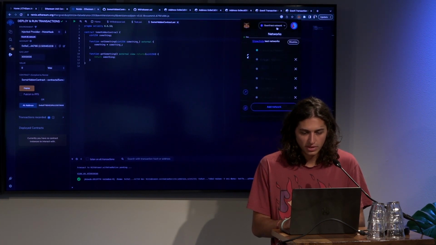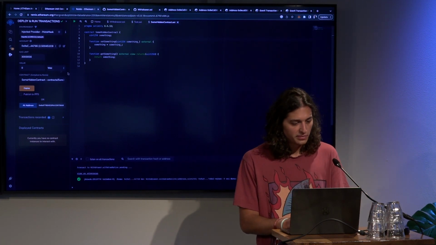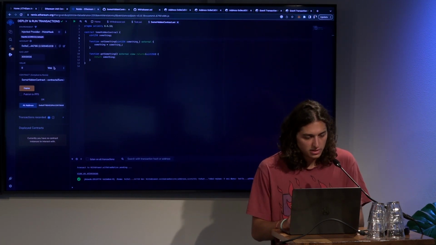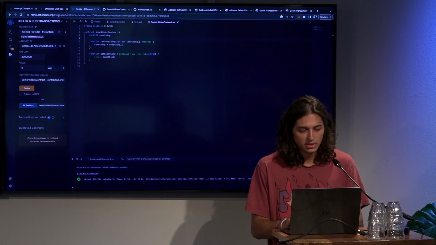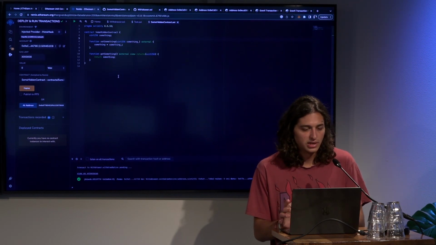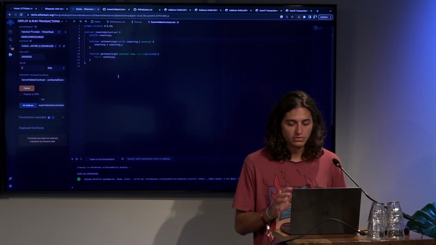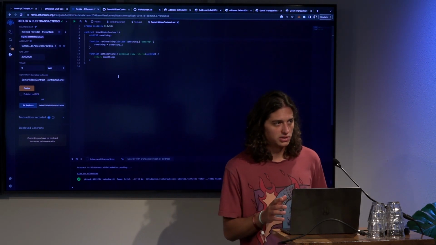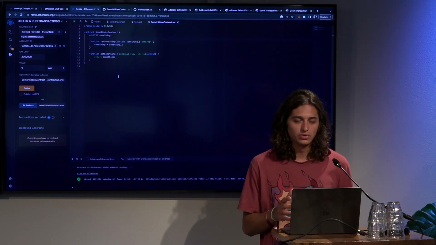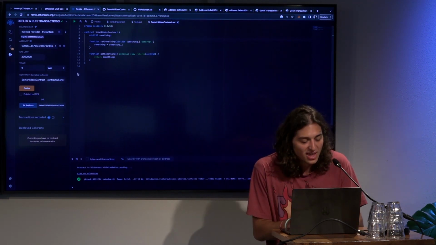Let's choose something like Sepolia because it's faster. And yeah, here we are. Remix is an IDE, so you can write some Solidity code there, and it's really easy to start using it. That's why I chose it for this example.